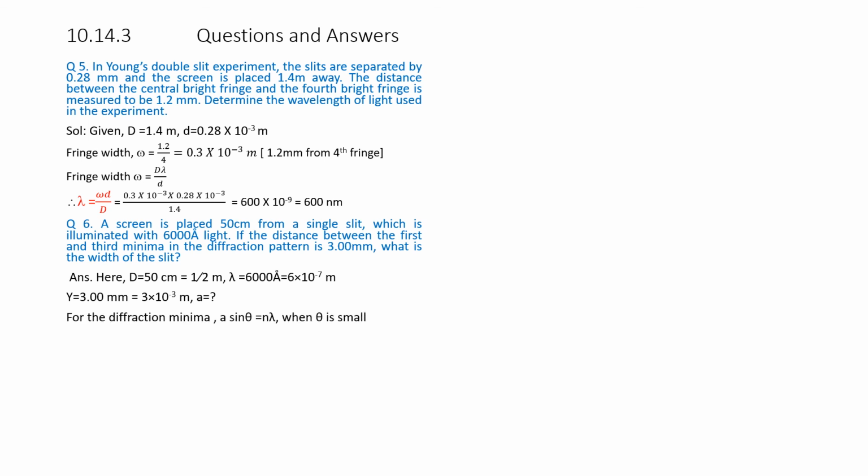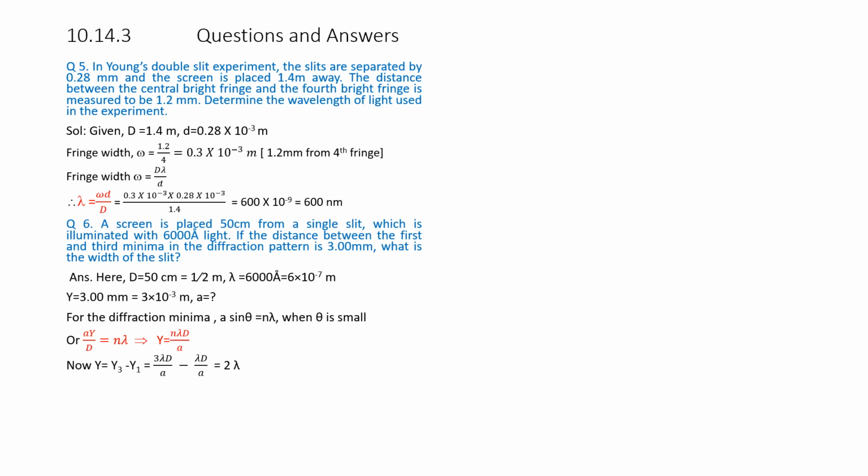For diffraction minima, a sin theta is equal to n lambda. When theta is small, a x divided by D is equal to n lambda, or x is equal to n lambda capital D by small a. Substituting the values, we get x equals x3 minus x1 is equal to 3 lambda D by a minus 1 lambda D by a.